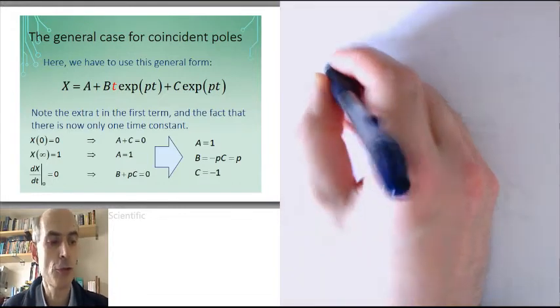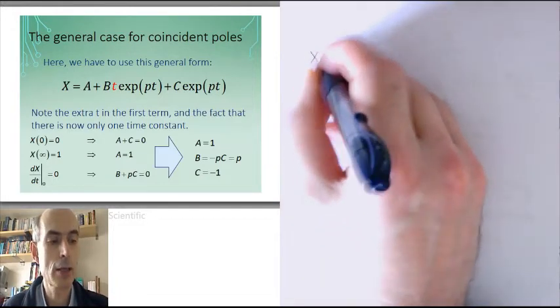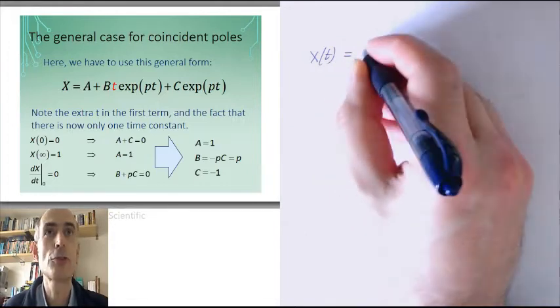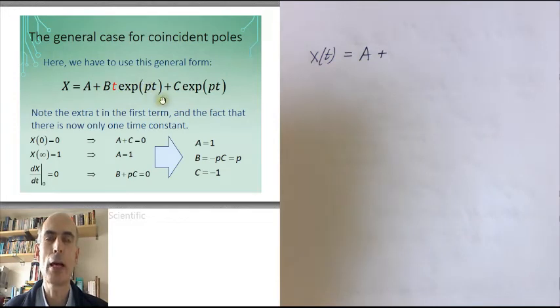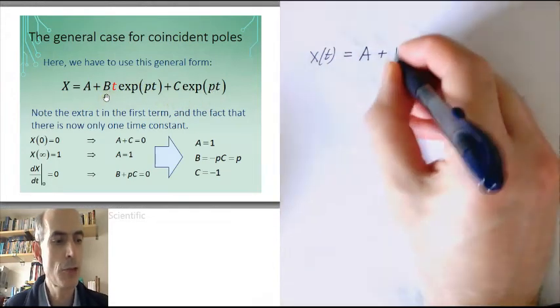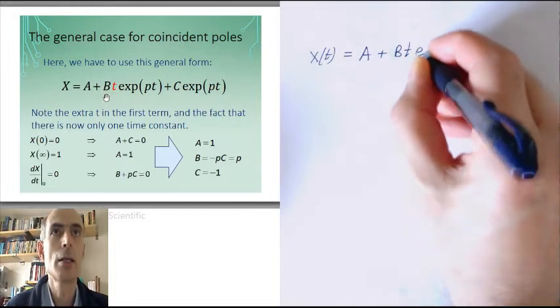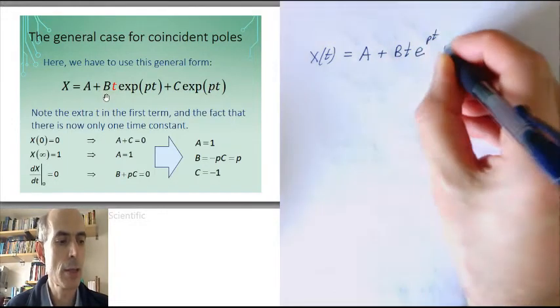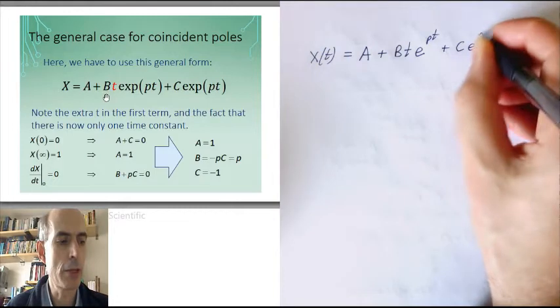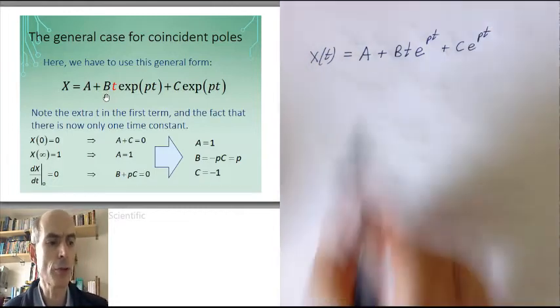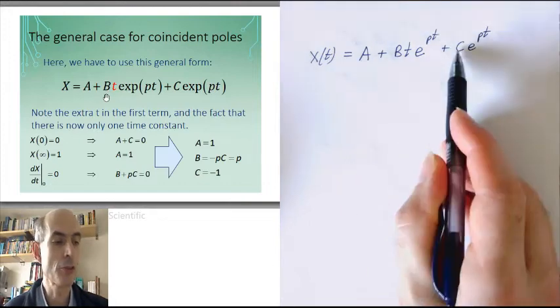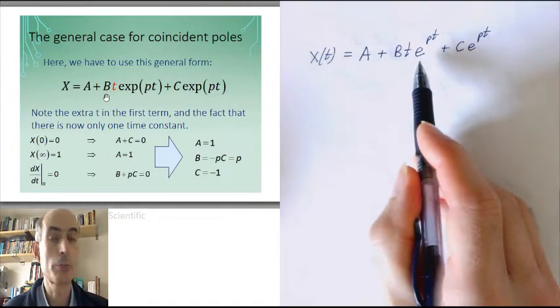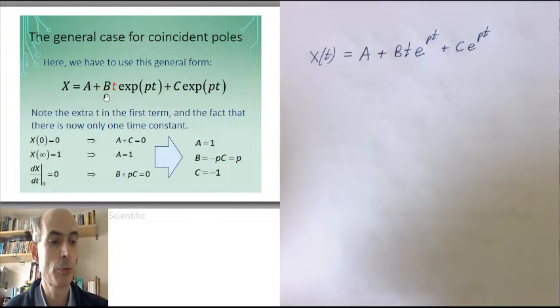And the solution to it is to form a general case of the solution, not in terms of e to the power of P0 and e to the power of P1, but in terms of a, b times t e to the power of Pt, and c e to the power of Pt. And those are now our three constants that we have to find, constants of the integration, and we can proceed in exactly the same way as we did before.